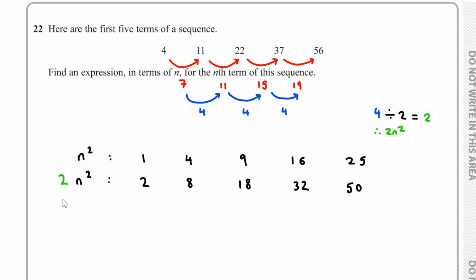Let's now write out our sequence as we see over here. We've got our sequence 4, 11, 22, 37, and 56.